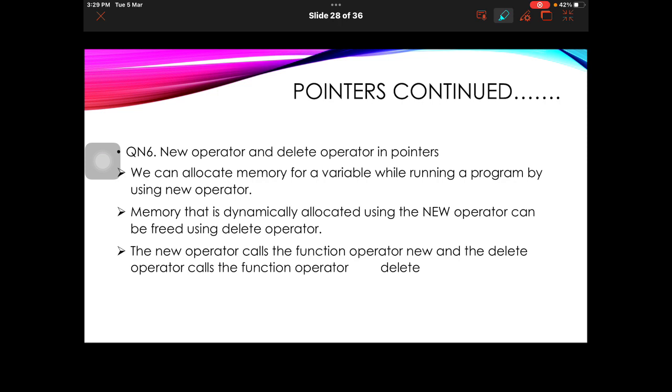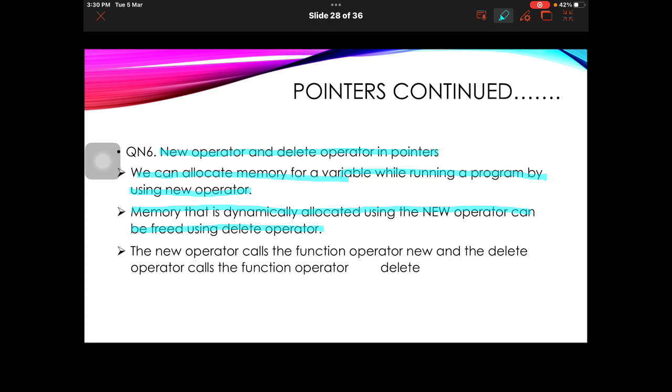Then another question from the pointers chapter is what is the new operator and what is the delete operator. The new operator is used to allocate memory dynamically. We can go through the points. We can allocate the memory for a variable while running a program by using the new operator. Memory that is dynamically allocated using the new operator can be freed using the delete operator.